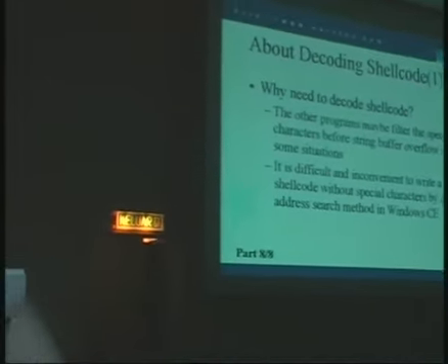The shell code will be cut by the 0. And it's difficult and inconvenient to write shell code without special characters. If you use R0 reset, the opcode may contain the 0.